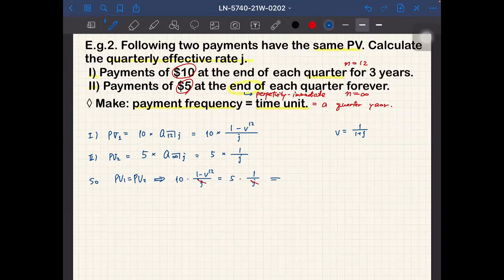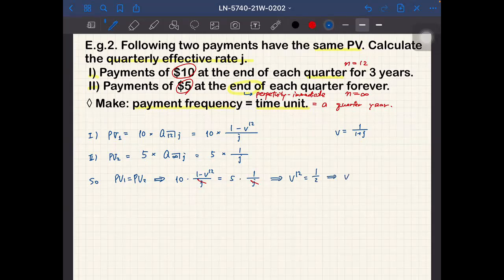Then on the left-hand side we have 10, on the right-hand side 5. So we move 5 to the left-hand side and 10 times v to the 12th power to the right-hand side, and then v to the 12th is equal to 1/2.